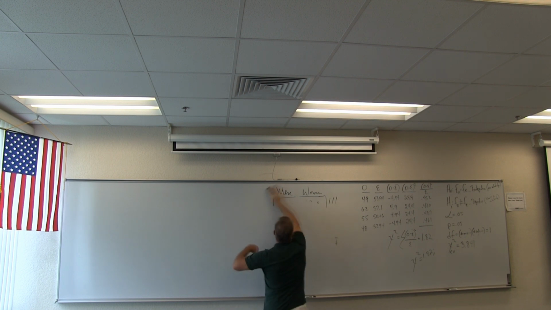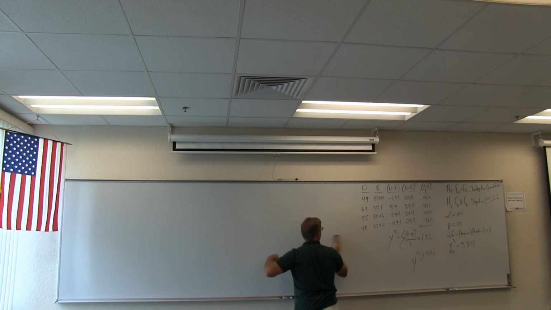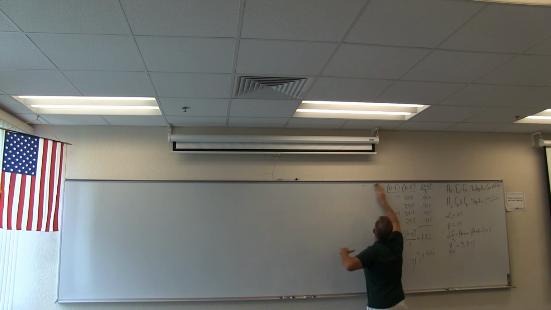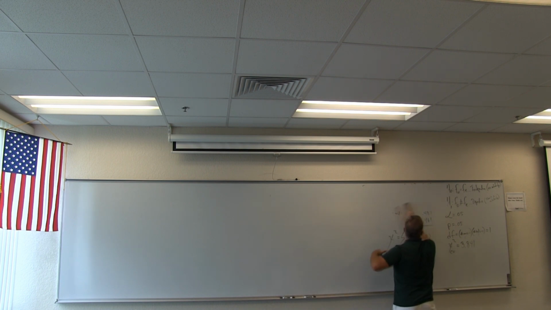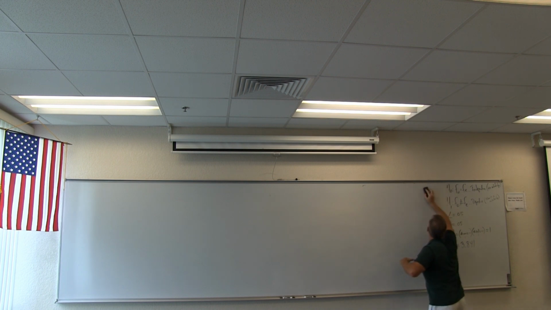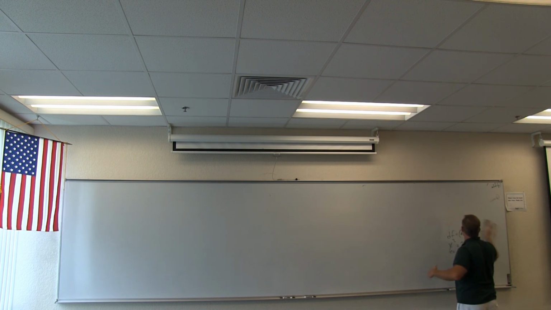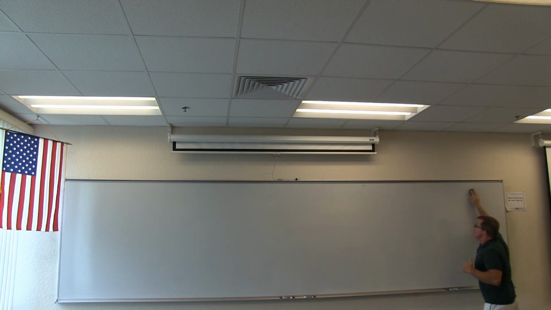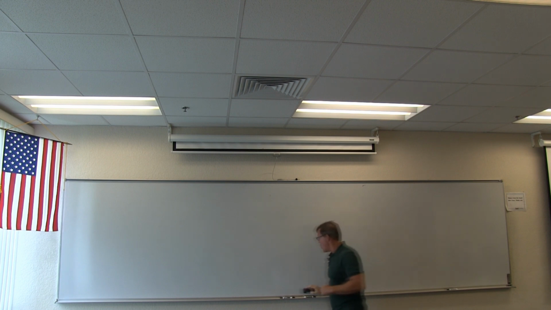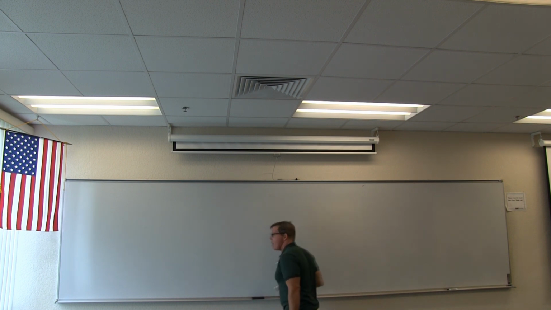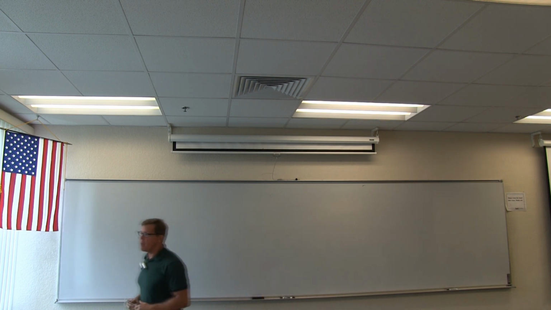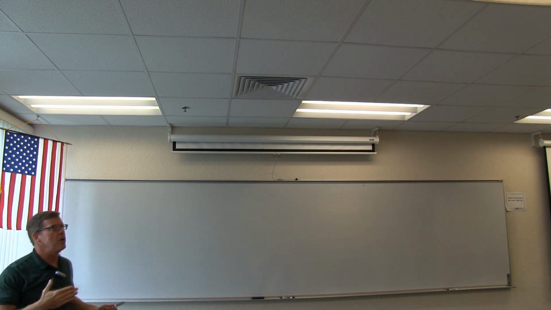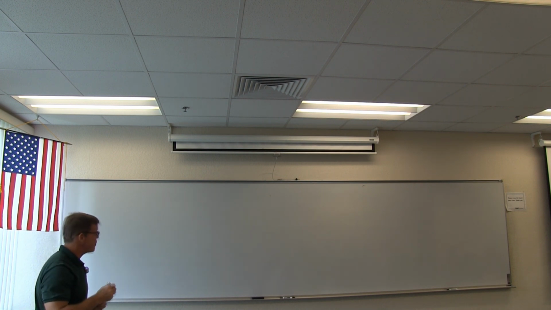Normality, randomness, homogeneity of variance, also called homoscedasticity, and what's the fourth one? Right, independent observations. Remember, the one-way ANOVA is just an extension of the two independent sample t-test.